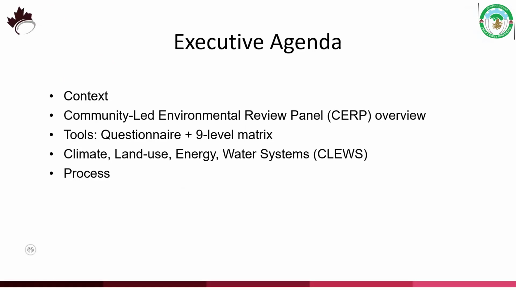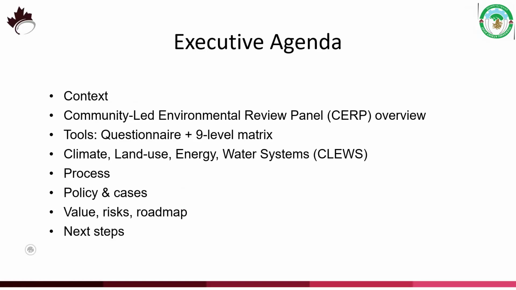We'll talk about the process that the environmental review panel will use and the policies that have been put in place by the Kenyan government, and some case studies that we can refer to. And then we'll talk about the values, the risks, and roadmap. And then we'll talk about next steps.